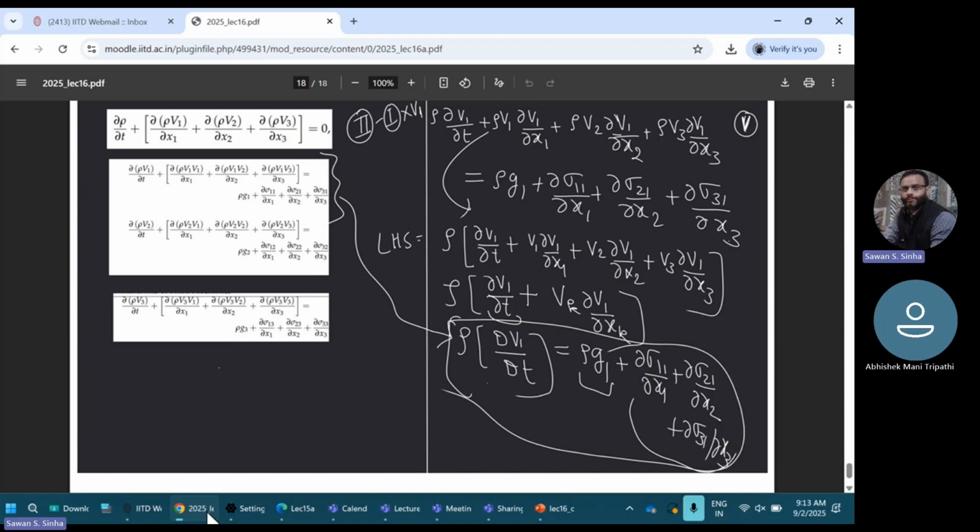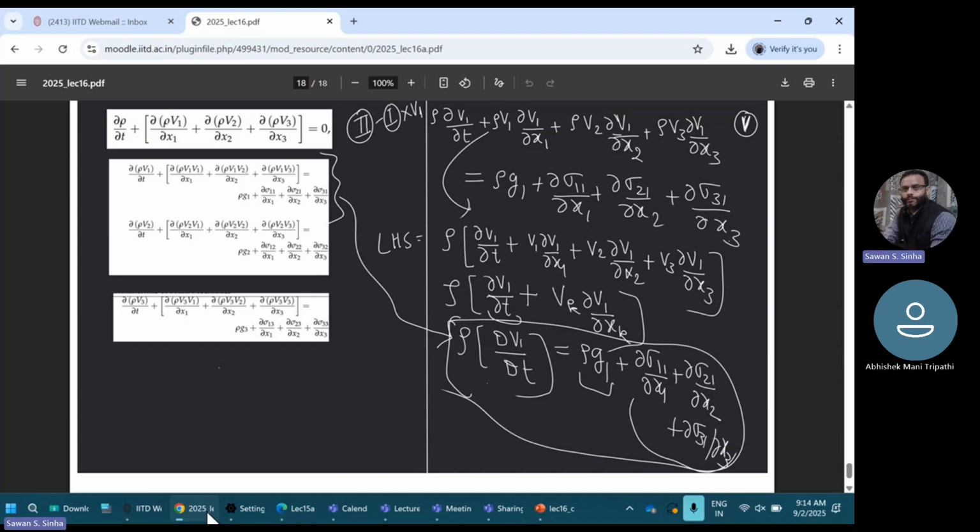Del sigma 1,3 del x1, del sigma 2,3 del x2, del sigma 3,3 del x3. Again, my favorite questions, I will ask, this represents a force in which direction? Contribution from which surfaces? I will give you a figure. The same figure with S1, S2. Okay. Please have that kind of clarity.